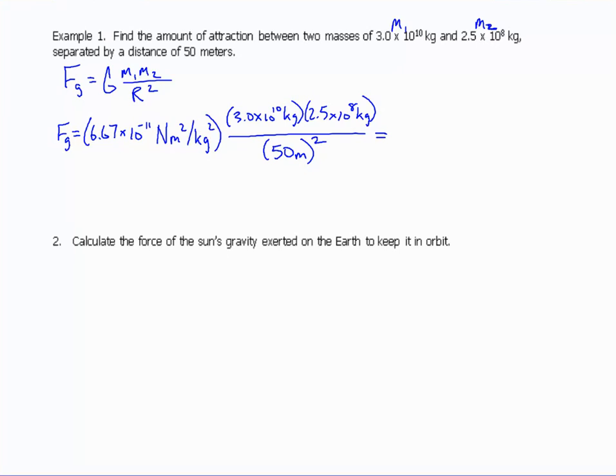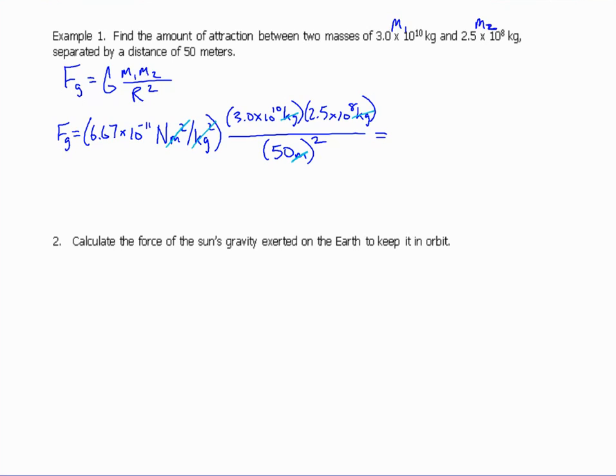And a little bit about units. We have kilograms here, we have kilograms here, so there's kilograms squared. We'll cancel here. We have meters squared, and on the bottom we have meters, and it's in parentheses being squared. So we can get rid of this m, and it will cancel with meters squared.